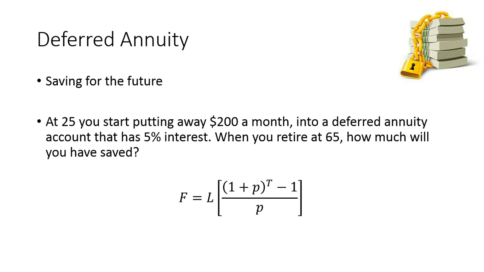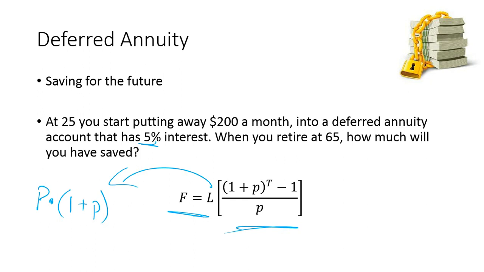And we're going to use this formula down here at the bottom, which is F is equal to L, and you can read it from the bottom. The only thing you're going to have to know is that L is how much you deposit each month times 1 plus the rate for each period.